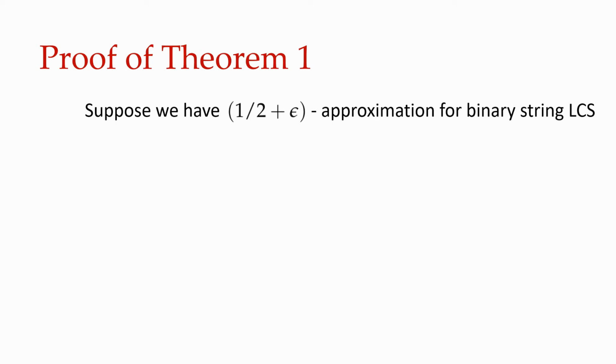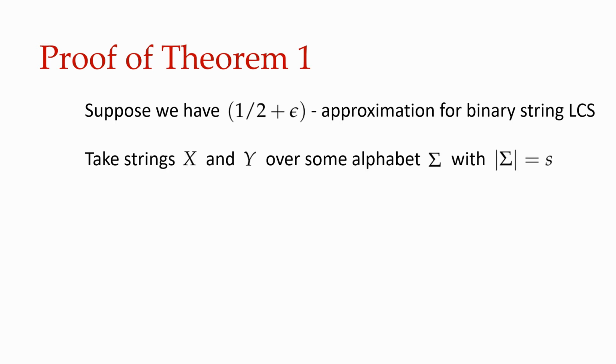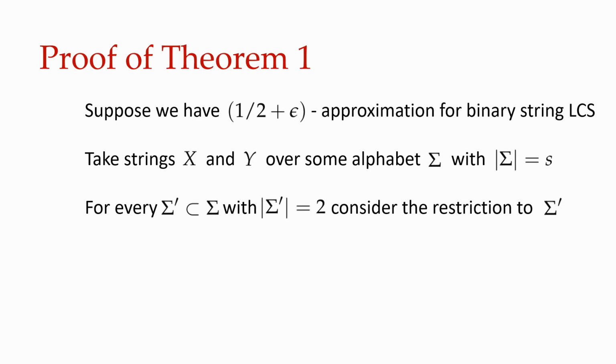So to prove this first result, suppose we have a better than 1/2 approximation algorithm for LCS on binary strings, and consider any two strings from an alphabet of size s. We consider every sub-alphabet of size 2 of the full alphabet, and then consider restrictions to these sub-alphabets.